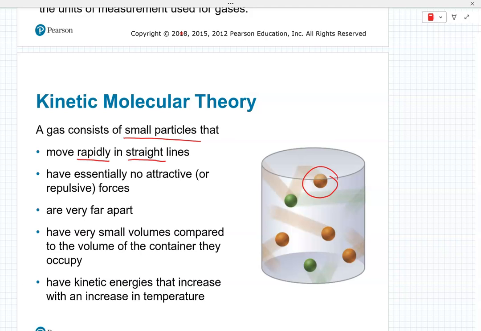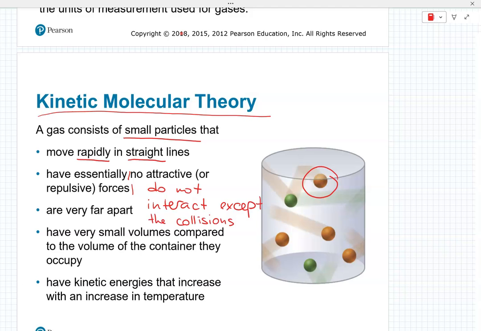The presumption that we have within that theory is that they do not interact, except for the collisions. Clear?